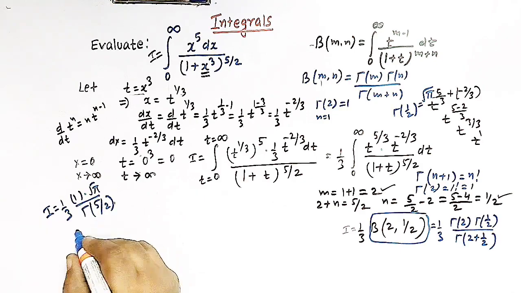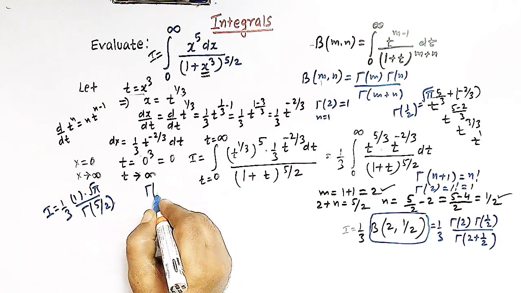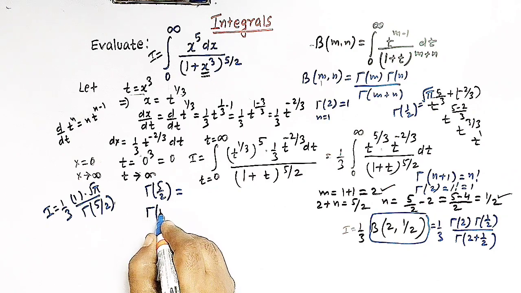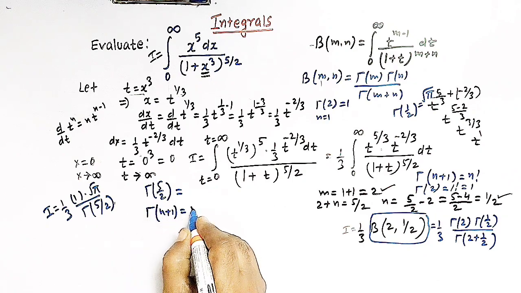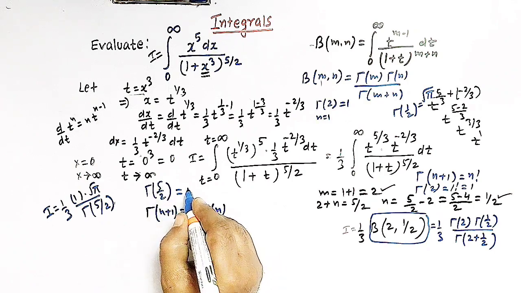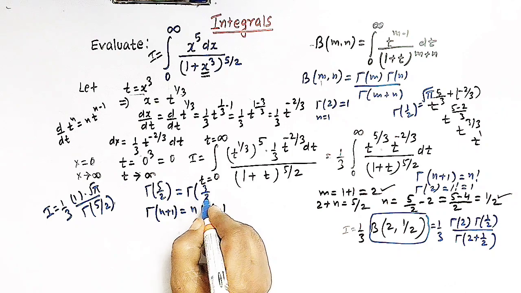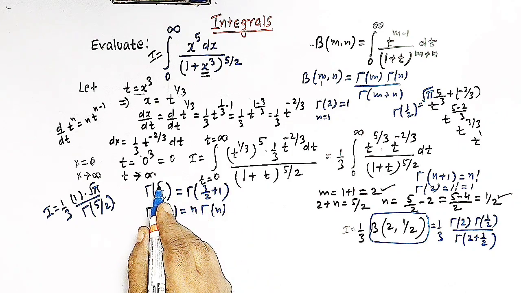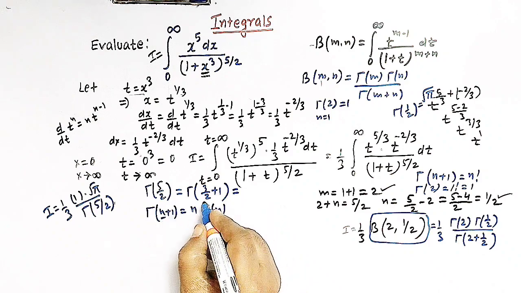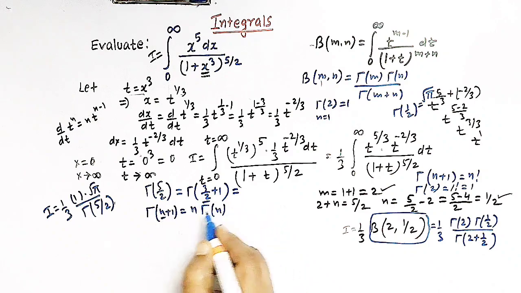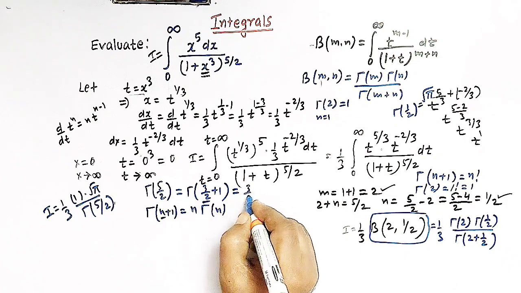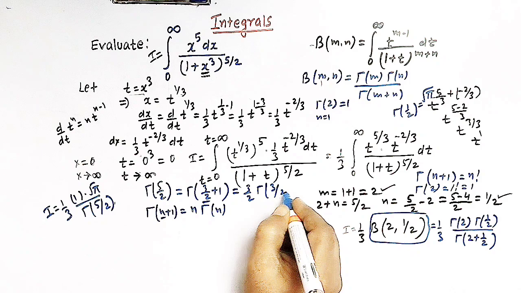Now let us write the value of gamma of 5 over 2 with the help of this relation, that is gamma n plus 1 is n times gamma n. Here gamma 5 over 2 can be written with 5 over 2 split as 3 by 2 plus 1. So now our n is 3 by 2. Taking n equal to 3 by 2 in this relation, we have 3 by 2 gamma 3 by 2.